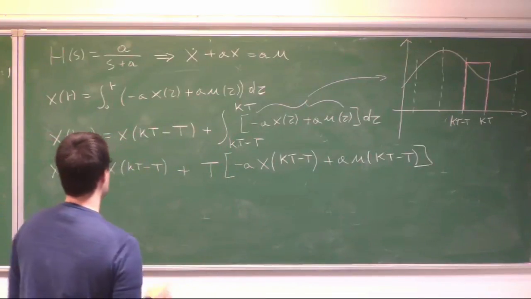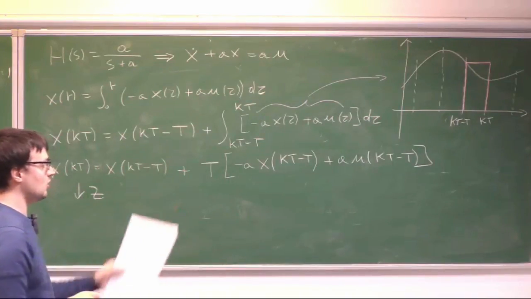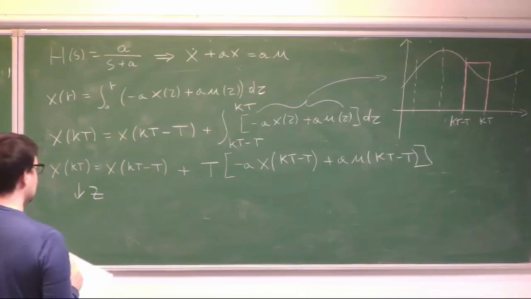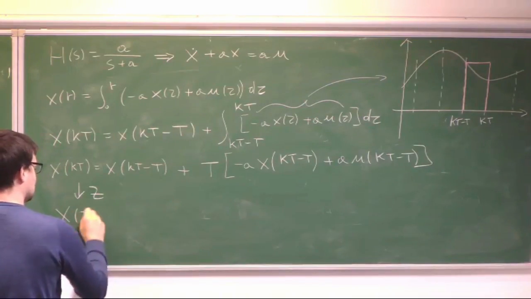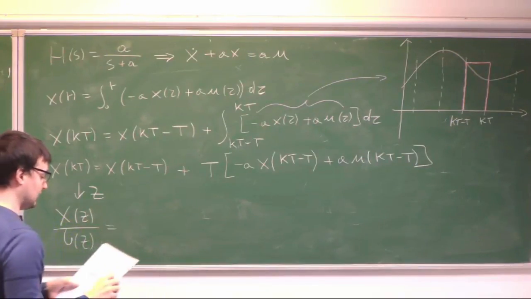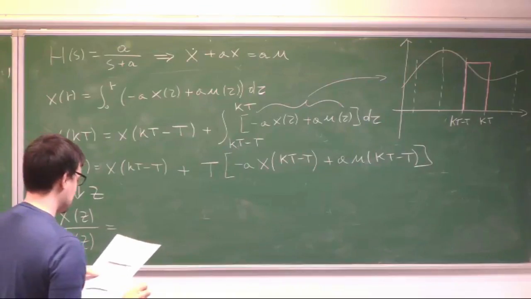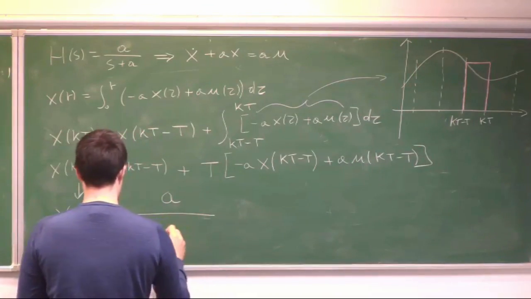Now what we do is that we compute the z transform of this expression, because now we are in discrete time, and we then find the transfer function between x of z and u of z. You can do the computation by yourself as an exercise, and what you should obtain is the following.